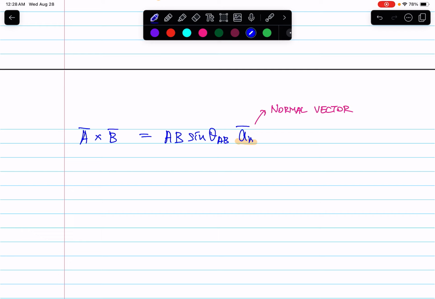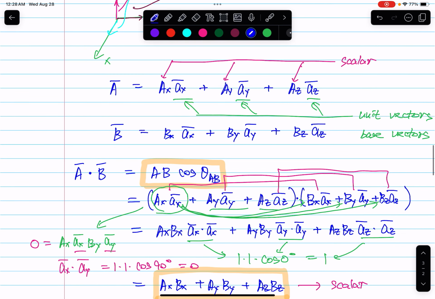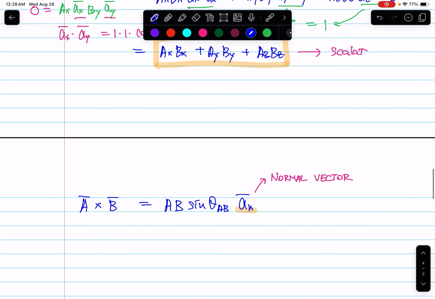But if you know the vector components, so we already know what the A and B vectors look like, in that case, this is how you do it.